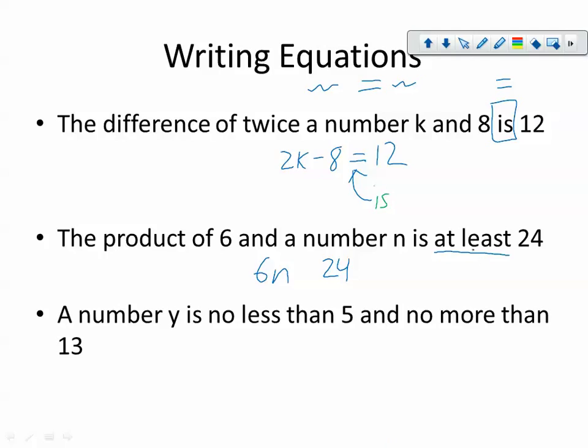At least means the smallest it can be is 24, which means that it could be anything bigger than 24, right? The smallest it can possibly be is 24. So 6n has to be bigger than or equal to 24, because the smallest it can be is 24.